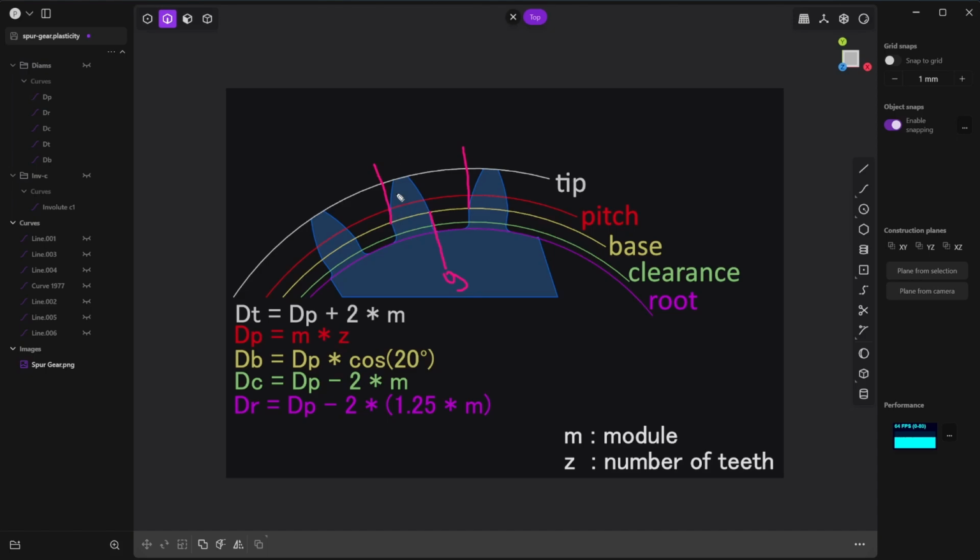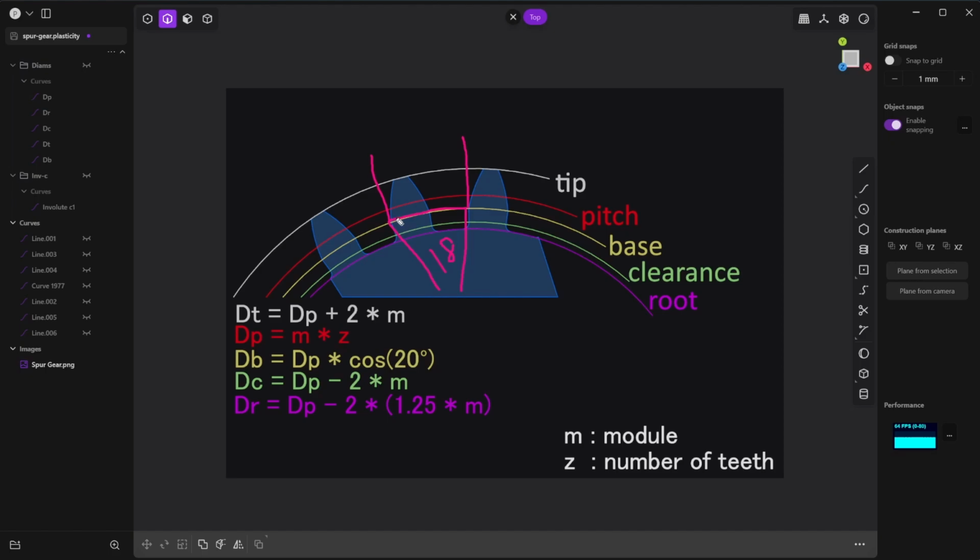But our involute curve that we created is here, and we want to mirror it like that. So given that here we have 9 degrees, we need to divide this by 2 one more time, and we're going to get 4.5. So one more time, the gear we are constructing has 20 teeth. If we distribute them evenly across the 360 degrees circle, we are going to get the angle for the arc 360 divided by 20, which means 18.